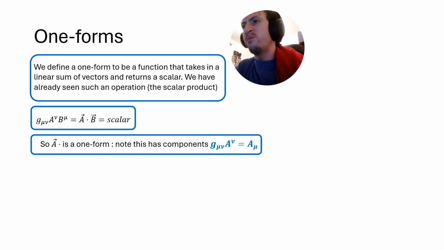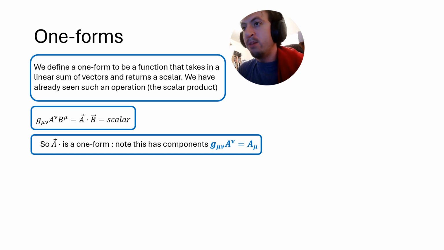But if we're going to find the components of this one form, if we just look at our definition for the scalar product, our components are just going to be g_μν A^ν. And using the idea that upstairs and downstairs indices that are the same cancel out, we can write it in index notation.